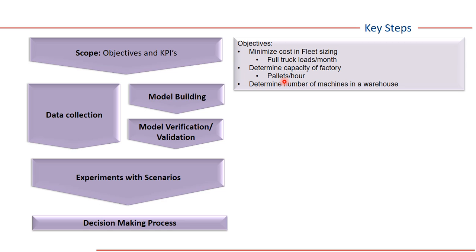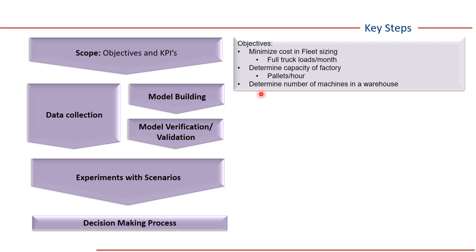Or, if we talk about pallets per hour, what is the time schedule in which these operators and this factory can operate? These are important pieces of information that are going to impact our model, okay?